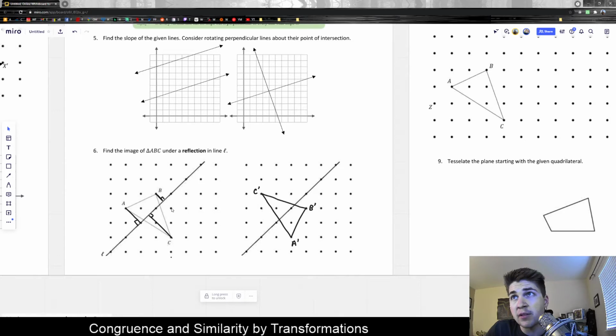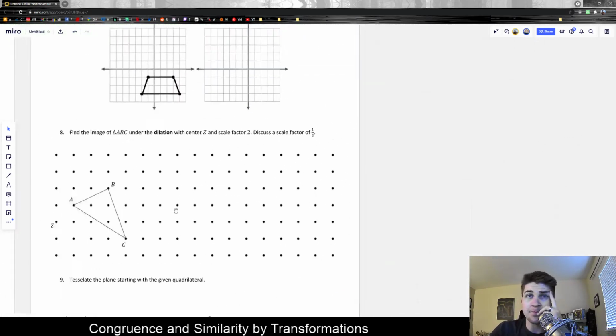So with B, we take the same distance over this way, and this gives us the location of its image. The same thing for C and A, and that gives us this figure. And again, to help visualize reflection, I think it's helpful to orient your line of reflection vertically, so we can see that it is properly mirrored.